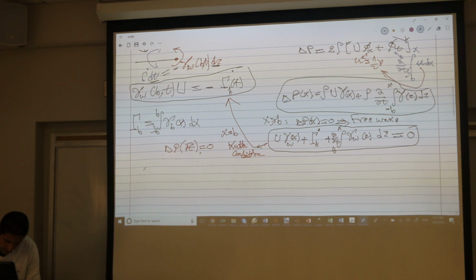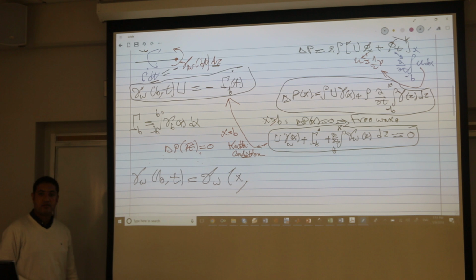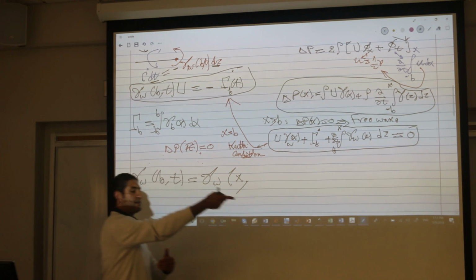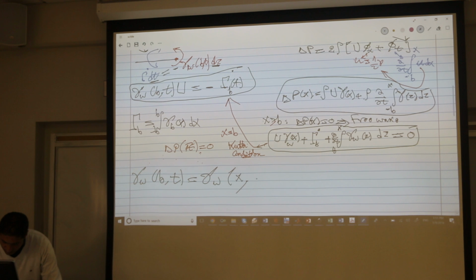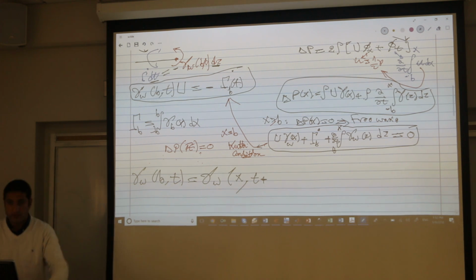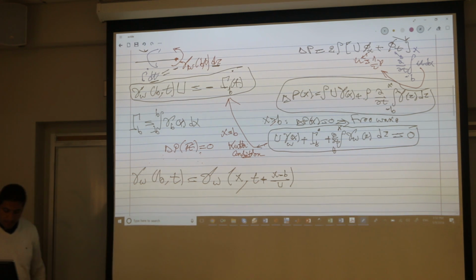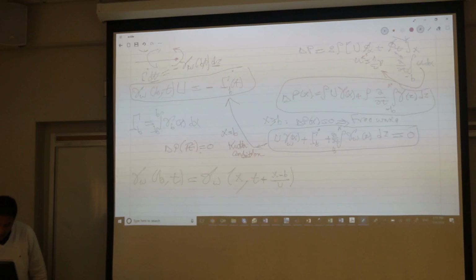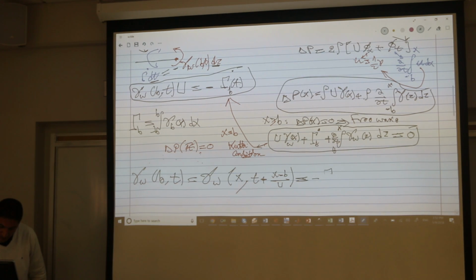Gamma wake at the trailing edge at B is gamma wake at any point x at a later time, so this time plus the time taken to travel from B to that location x, which is distance divided by the free stream. Any question about that?